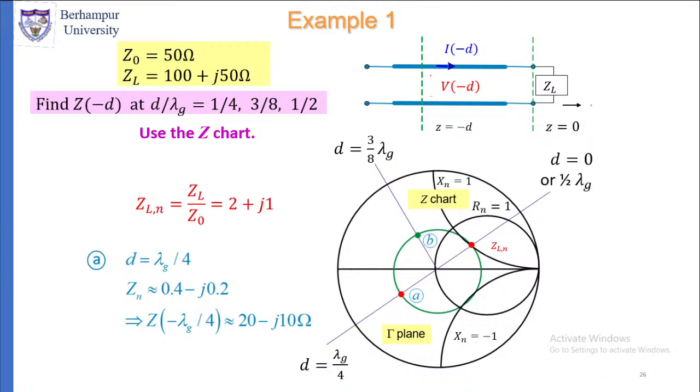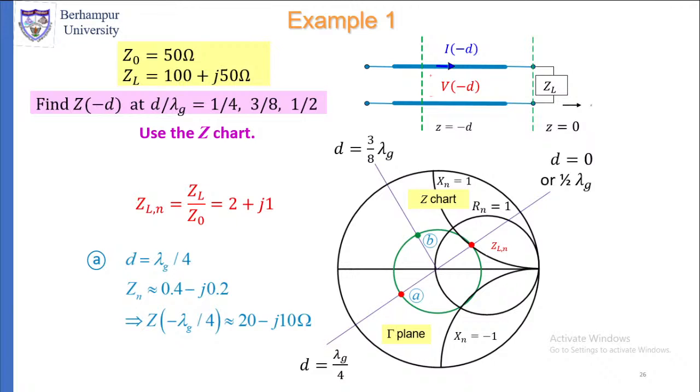Then there will be a smaller circle. Similarly, as you keep on increasing Rn, there will be smaller circles. If you have the Smith chart, find the smaller circle for which Rn is equal to 2. So first locate that Rn equal to 2 circle.